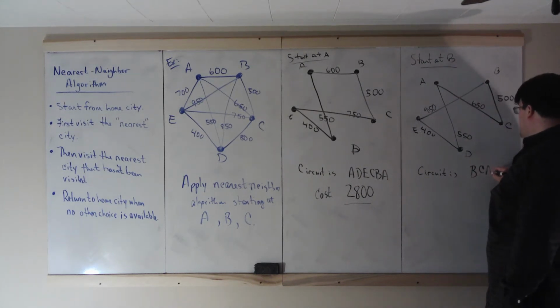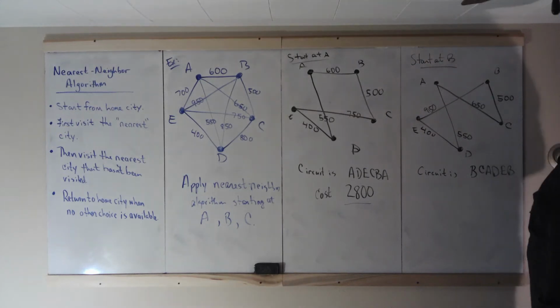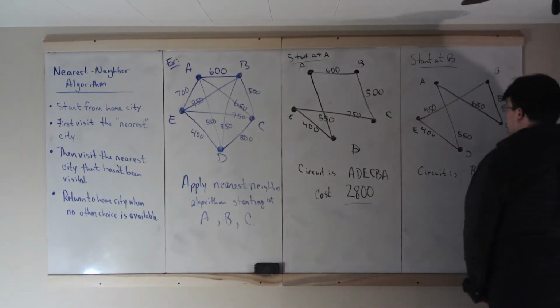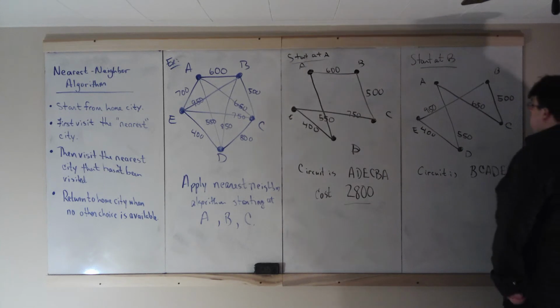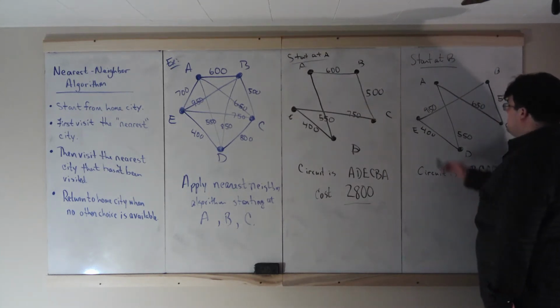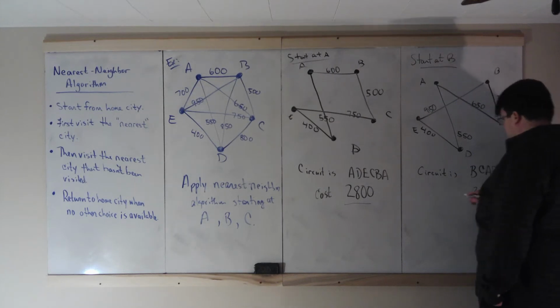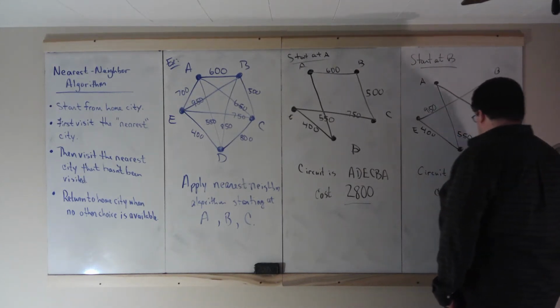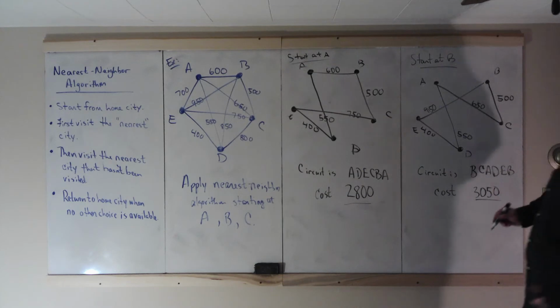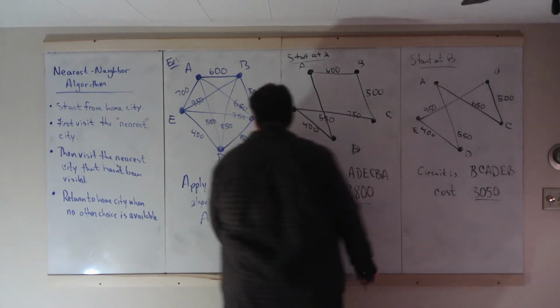It was B, C, A, D, E, back to B. And what's the cost here? This one's more annoying with all these 50s. So what is it? It's 1,200, 1,700, 2,100, 30, 50. So the cost is 3,050, whatever units we have here.